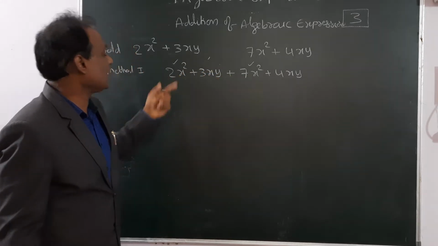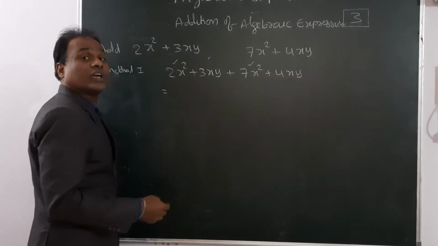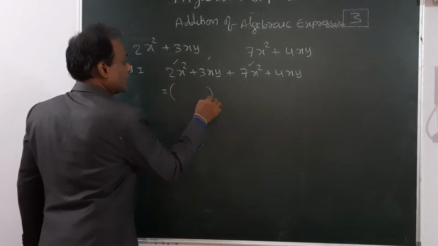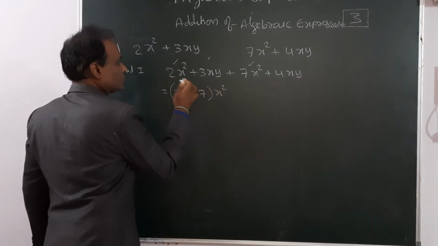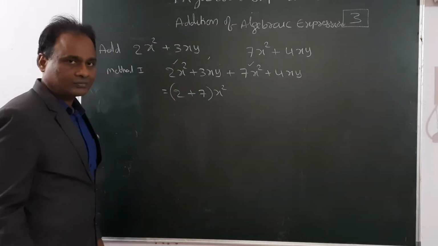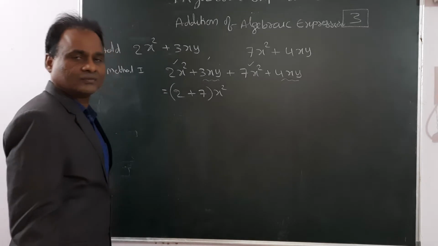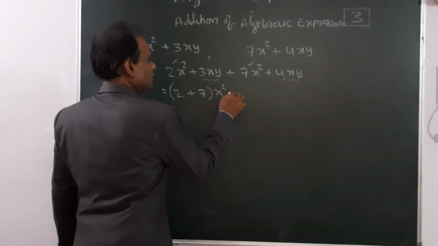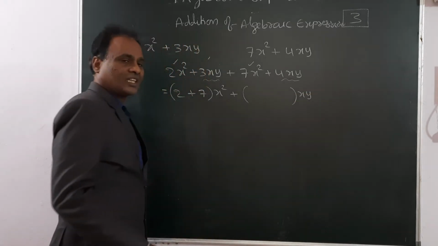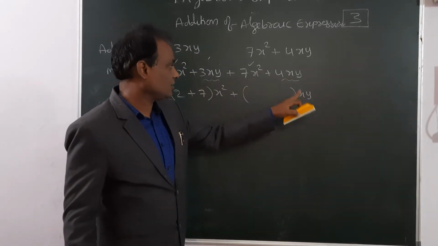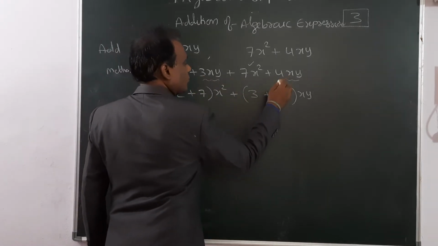So add only like terms. Which are the like terms? 2x square and 7x square are like terms. So x square common, 2 plus 7, these two over. Remaining 2, xy common, only coefficient 3 remains plus coefficient 4 remains.